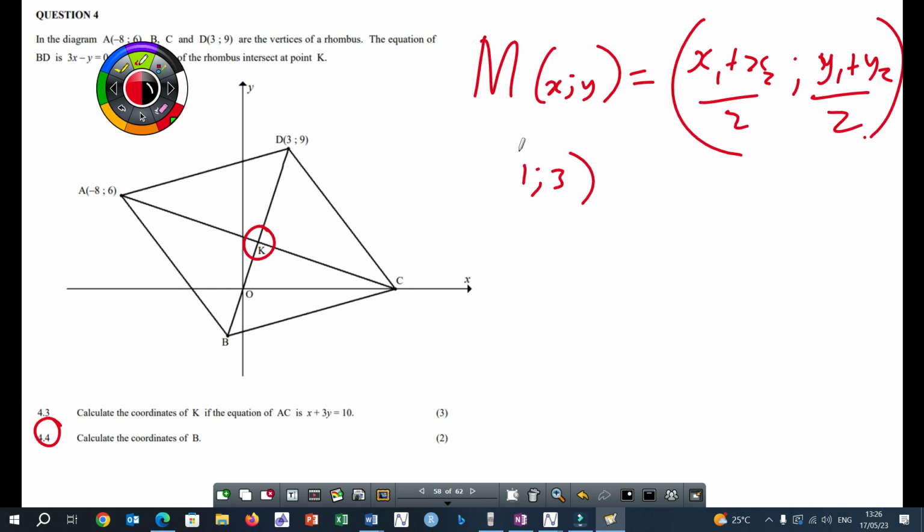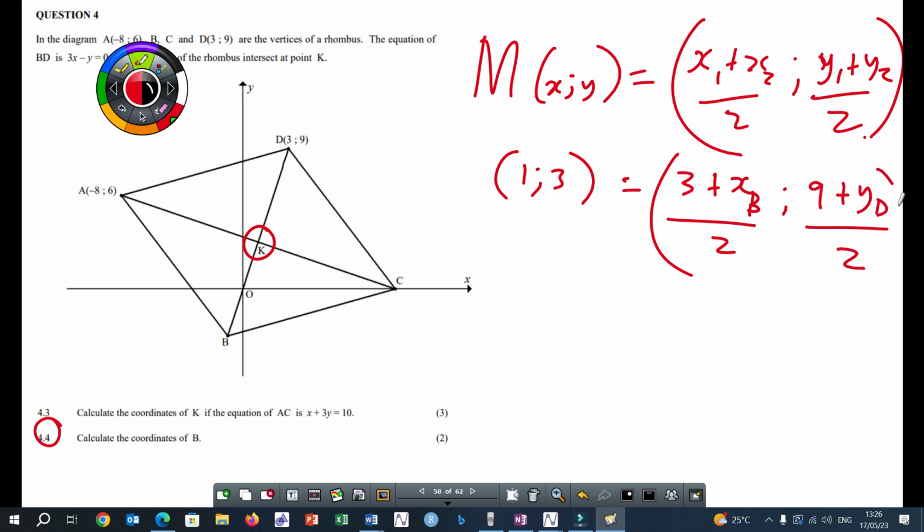So 1, 3 is going to be equal to x1. Now my x1, I'm going to consider it as the coordinates of D, which is going to be a 3, plus the value of x at B all over 2, right? Then my y value, it's a 9. 9 plus the y value at B all over 2.